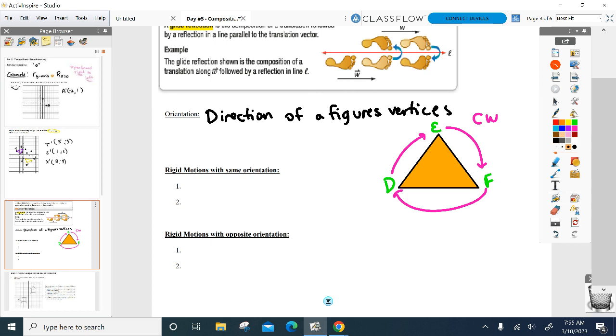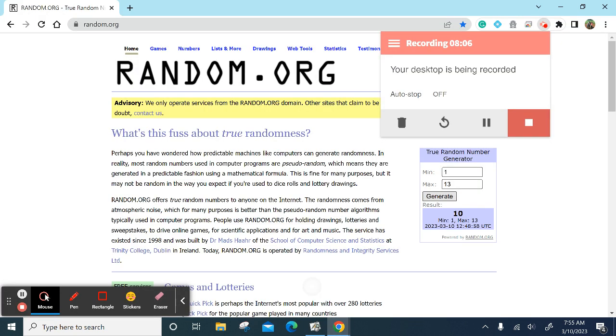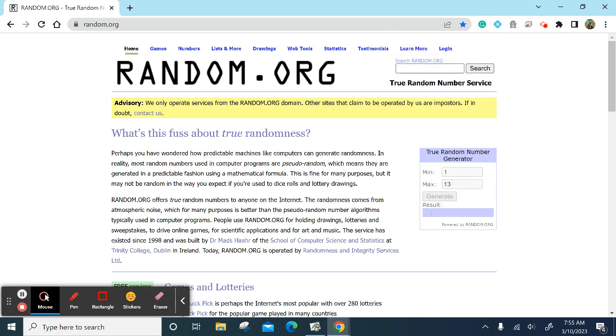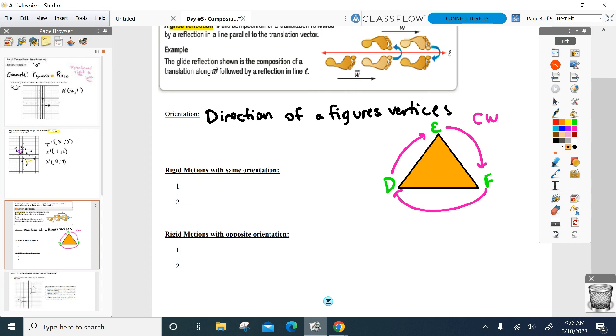Here's this term again. Rigid motions. Rigid motions do not change the size or shape of the figure. Guys, we've gone over 3 of them already. What are the 3 rigid motions we've already gone over? You've been quizzed on them as well. 3 transformations that do not change size or shape of a figure. Okay, so we've done a translation.